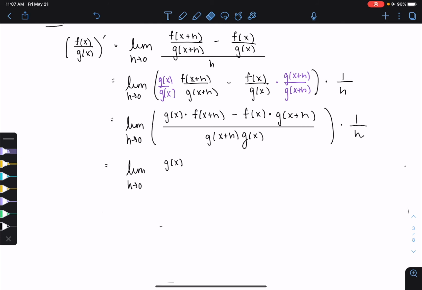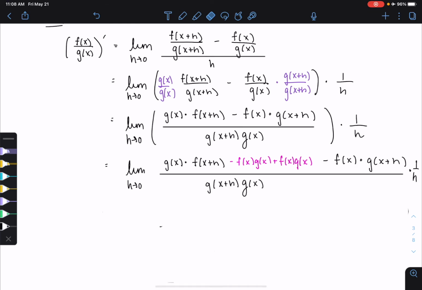So what I'm going to do is keep this piece. I want to subtract f of x times g of x. But since I'm subtracting, I need to balance and add this exact quantity in. So my numerator becomes this, and it's all over g of x plus h times g of x. And then this 1 over h is chilling off here to the side for now.